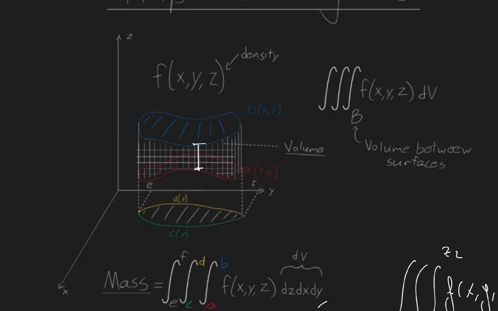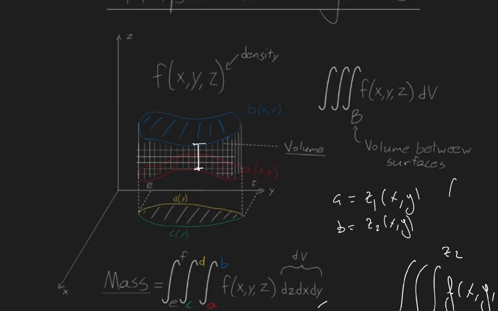So it will be from theta equal theta 1 of x comma y, because it's the surface, to this surface, theta 2 of x comma y. So the first correction that I will do: instead of A, I will put theta 1 of x comma y, and instead of B, I will put theta 2 of x comma y. These are the two surfaces.